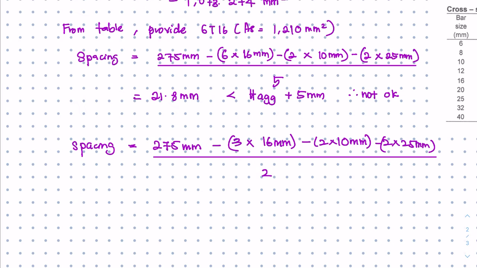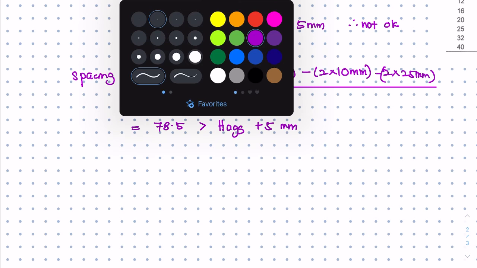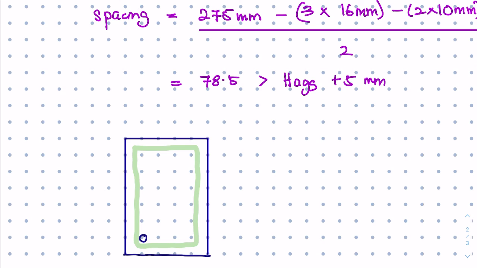Okay, nak nampak better you draw. Bila you draw baru you nampak. My value is 78.5, which is okay, bigger than HAGG plus 5 mm, aggregate size plus 5 mm. So when this is okay, we can finally draw for the design.